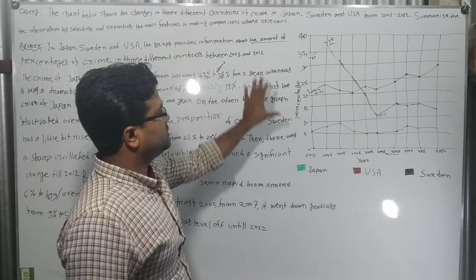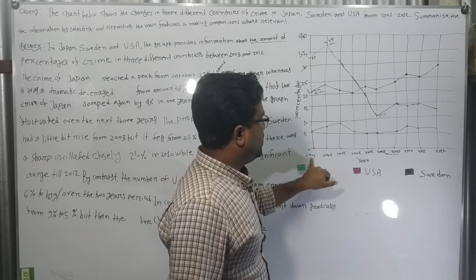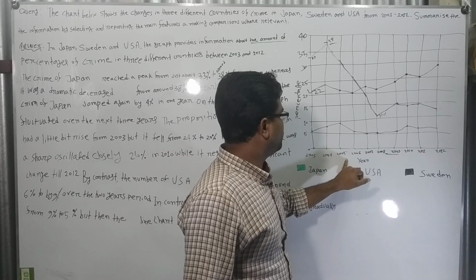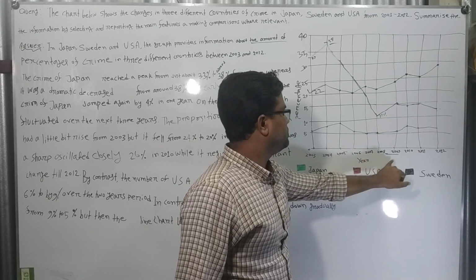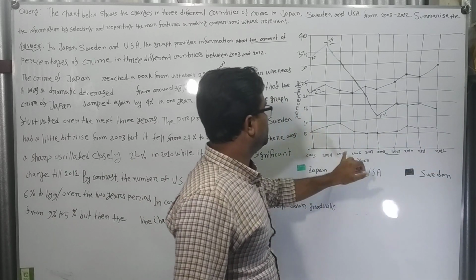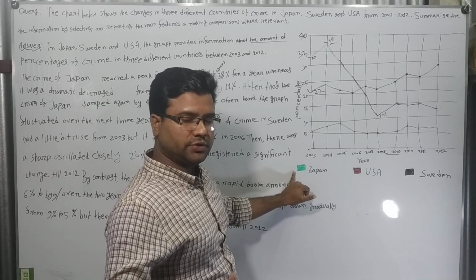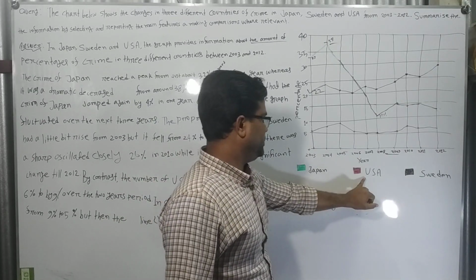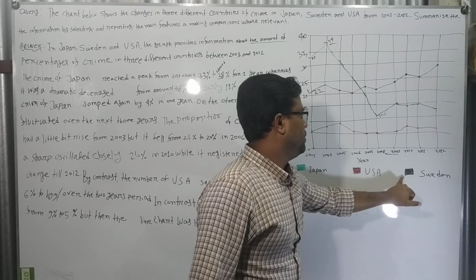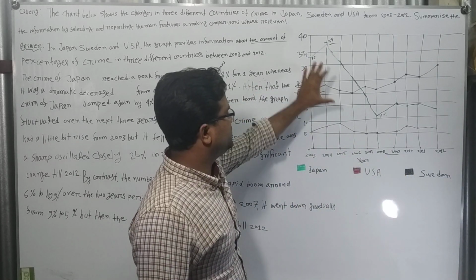Here the years are yearly, 2003, 2004, 2005 up to 2012. Japan indicates green color. You have to understand the color. USA indicates red color, and Sweden indicates black color.